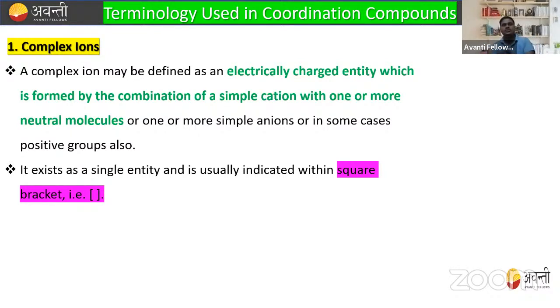Now, let's see some terminology used in coordination compounds. If I'm talking about the complex ion, a complex ion may be defined as an electrically charged entity which is formed by the combination of a simple cation with one or more neutral molecules, or one or more simple anions, or in some cases positive groups also.